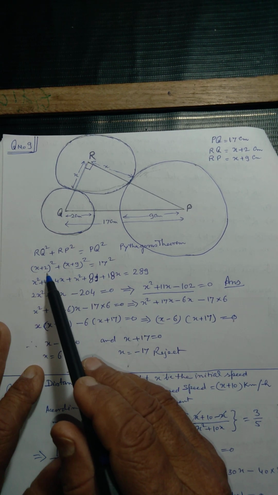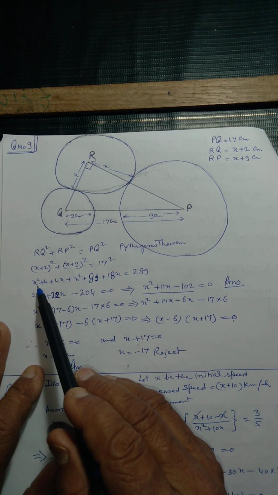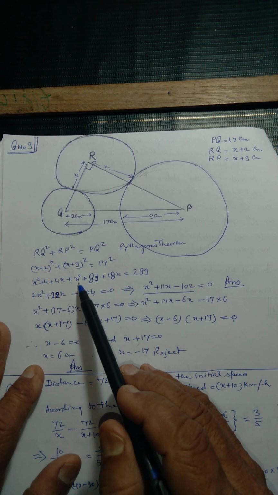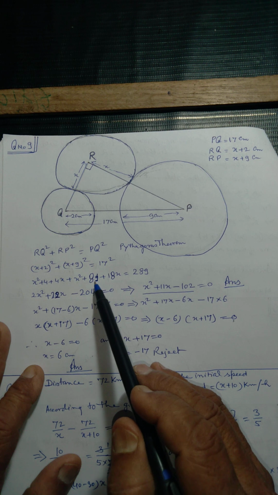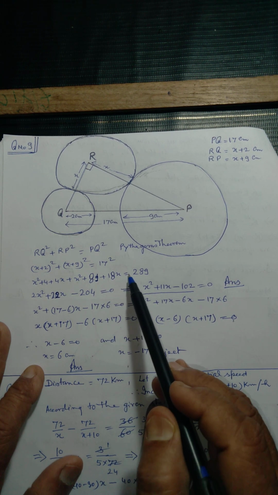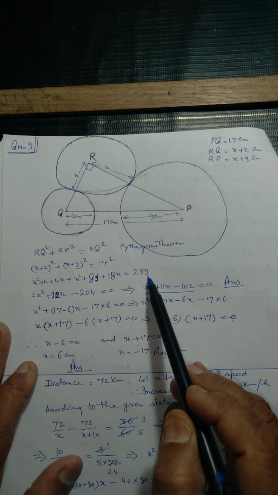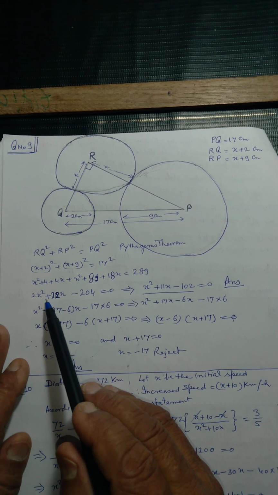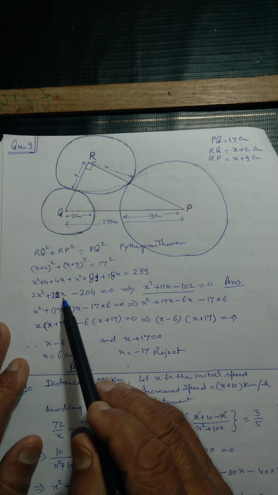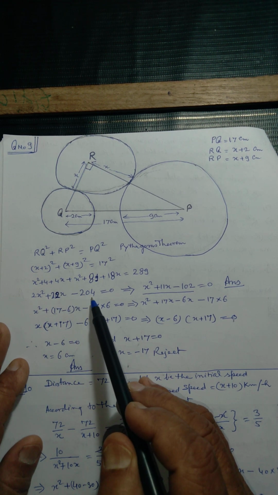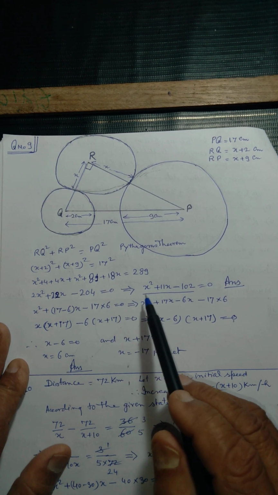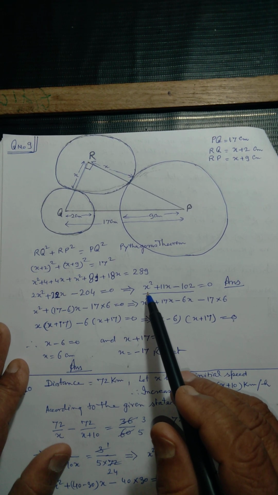So just open these two brackets: x square plus 4 plus 4x plus x square plus 81 plus 18x is equal to 289. Now this can be further solved: 2x square plus 22x minus 204 equal to 0. So you can see here the required equation.